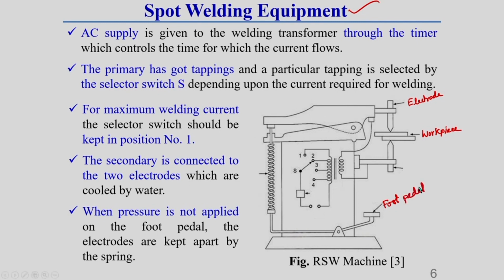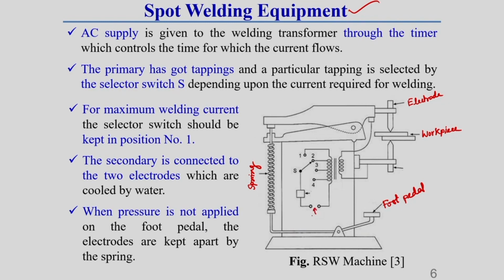It is generally used for applying pressure. Sometimes it can be a foot pedal, or it can be operated manually, by hand also. This is a spring for releasing pressure. This is generally a spring system which is used to release the pressure. This you should keep in mind.